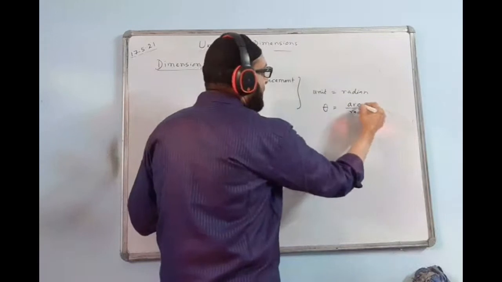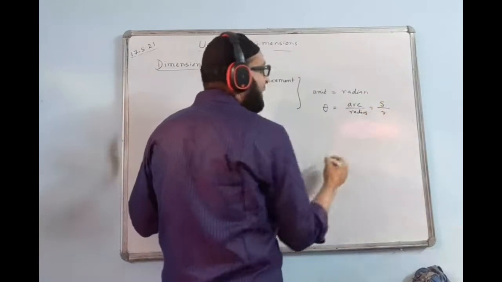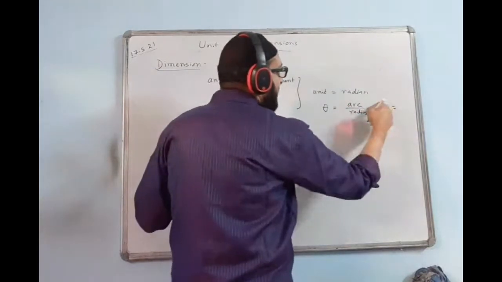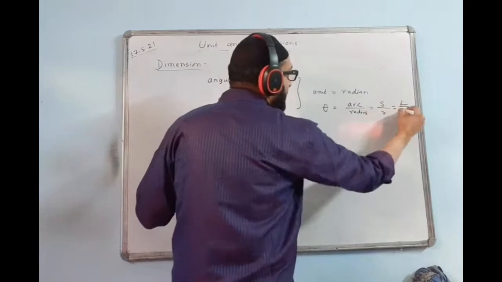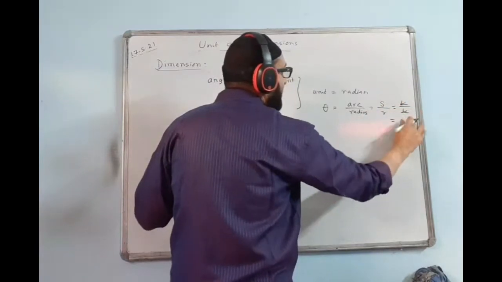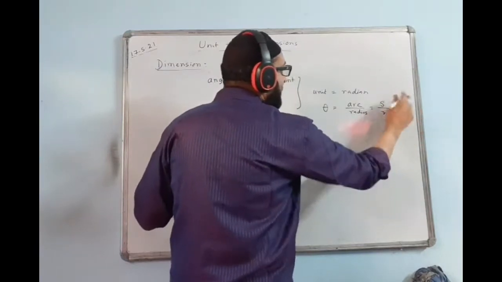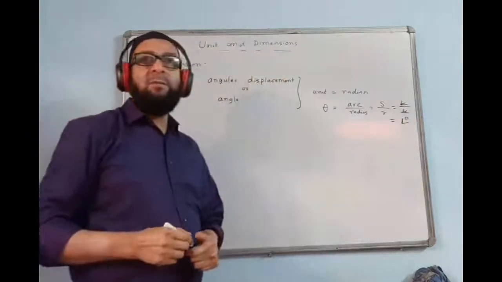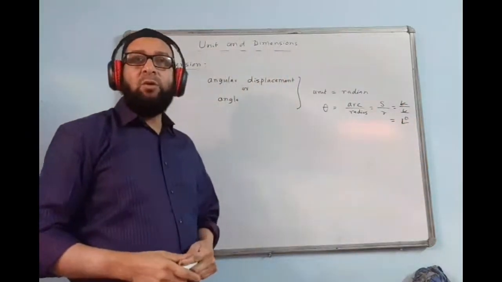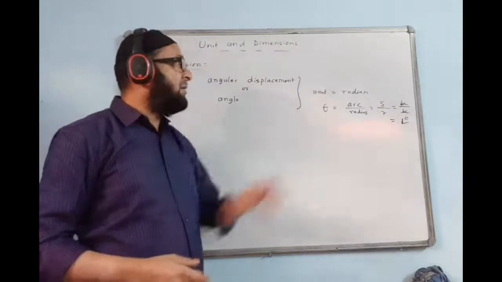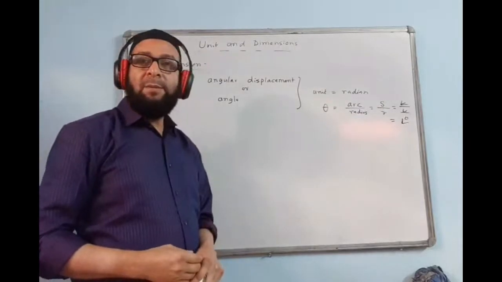In a circle, the arc is denoted by S and the radius is R. Arc means length, radius is also length, these two cancel, so L to the power comes 0 here, that means no dimension. When power comes 0, it will have no dimension. Unit is there, radian, but dimension is not there.